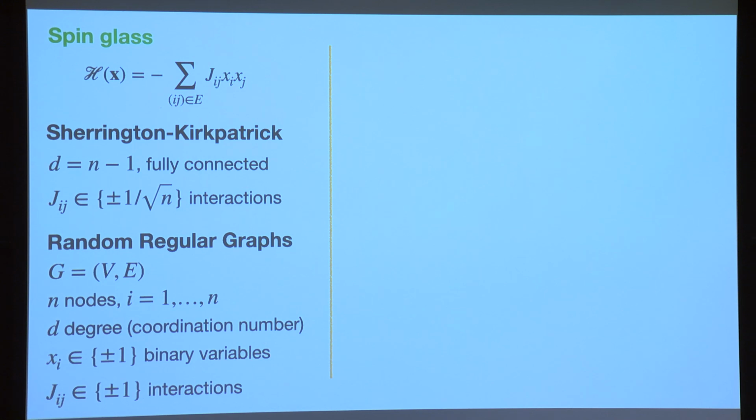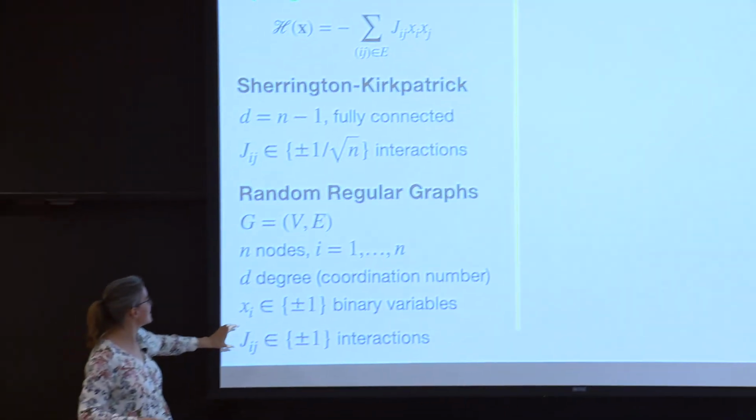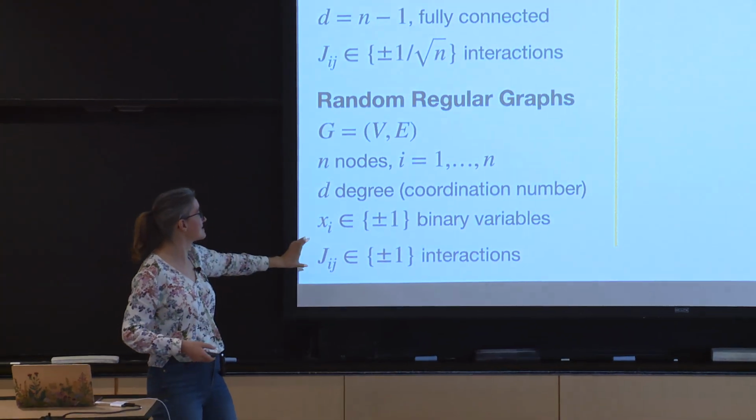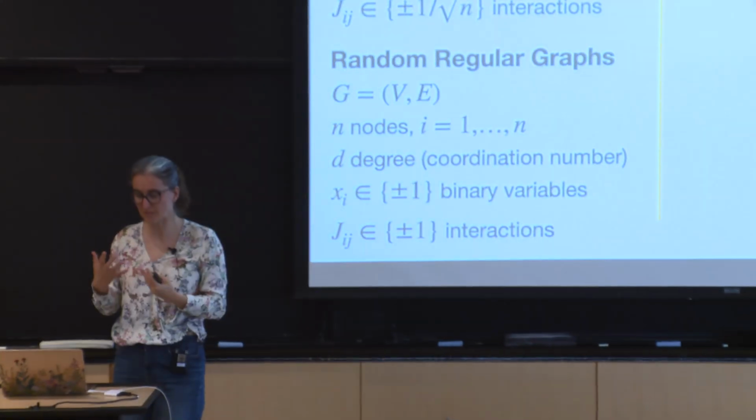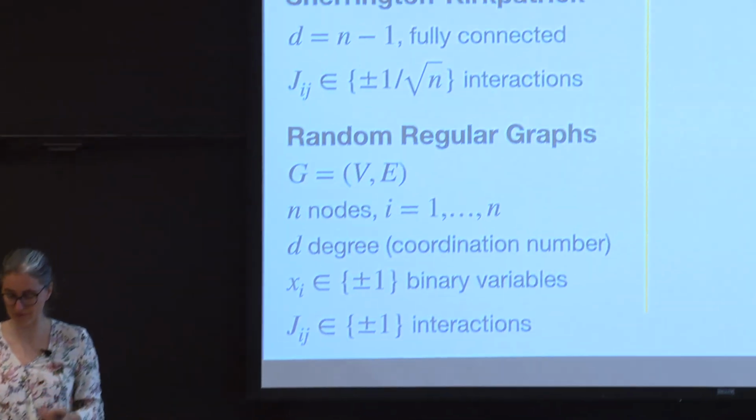And also random regular graphs, where the graph is a random regular graph. In both cases the spins, the x's, will be binary variables. The j's as well, but in the first case they are rescaled, and in this case they are not. So these will be our landscapes, and we will be looking at what's happening.